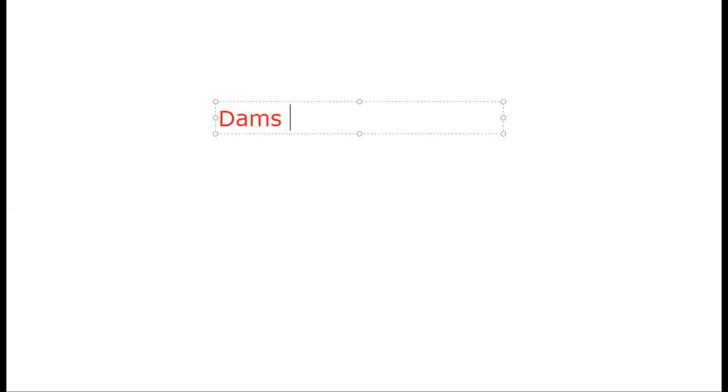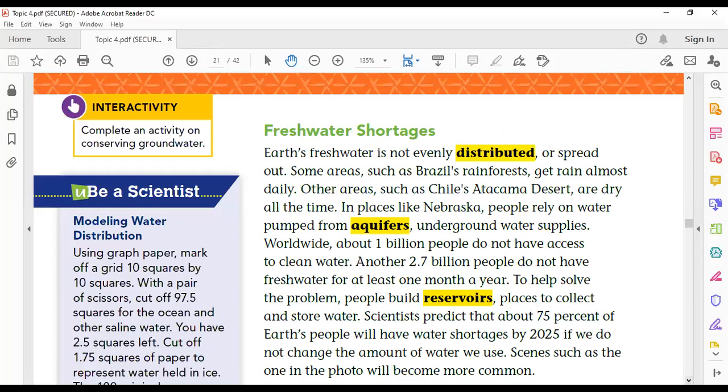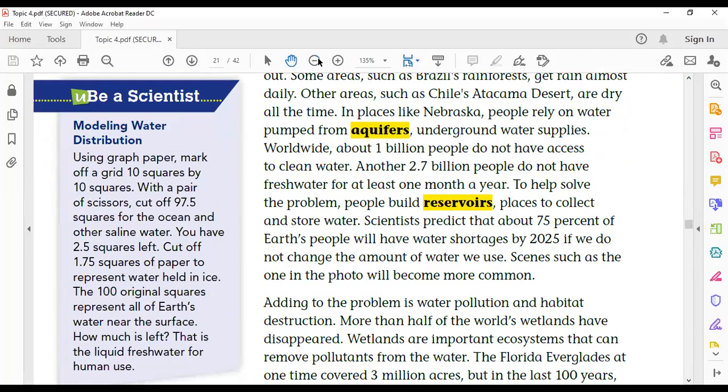Dams are examples of reservoirs. Also King Talal dam. I think there are more than 9 or 10 reservoirs or dams in Jordan to collect water. To solve the problem of freshwater shortages, people build reservoirs, places to collect and store water.